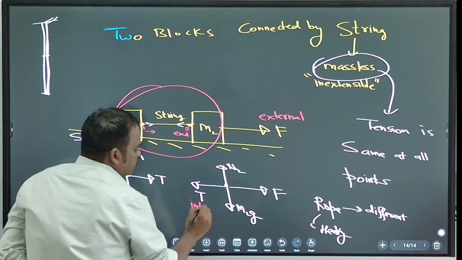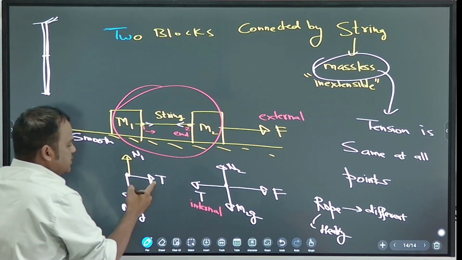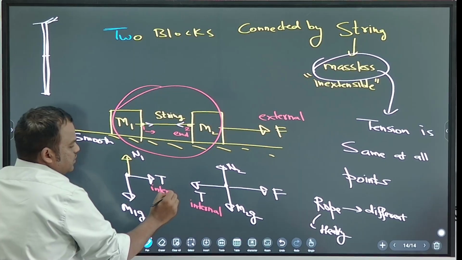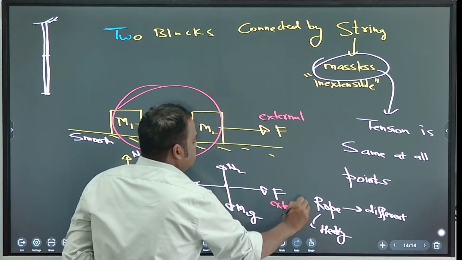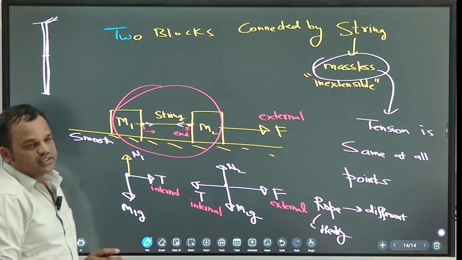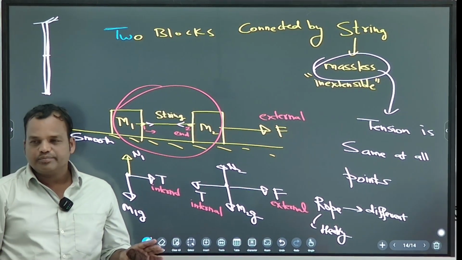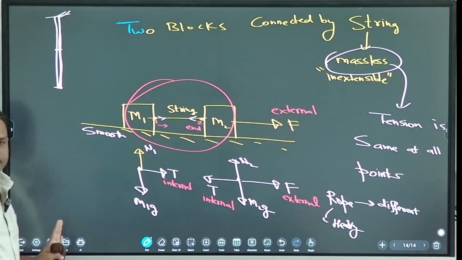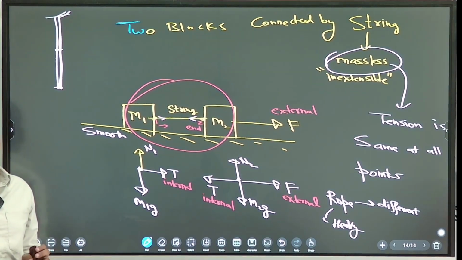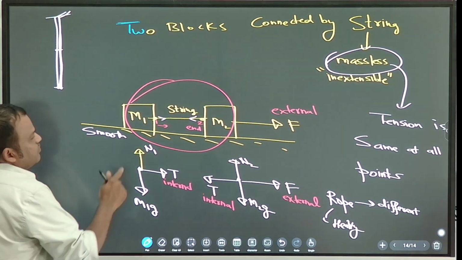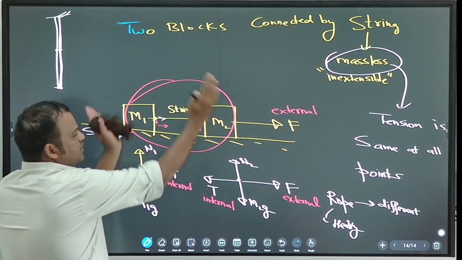This tension is internal, and this F is external. External and internal we have discussed, right? That car example, correct? Remember car example? Front seat you are pushing. So that is internal or external? Internal, correct, good.